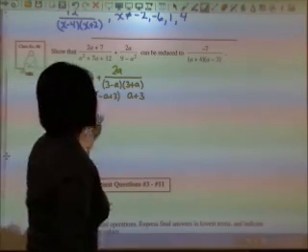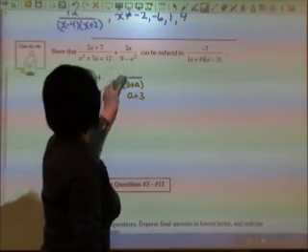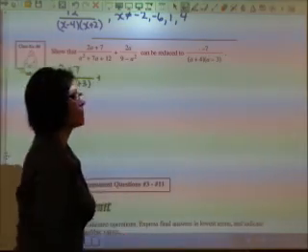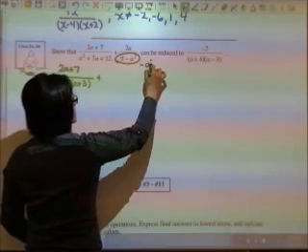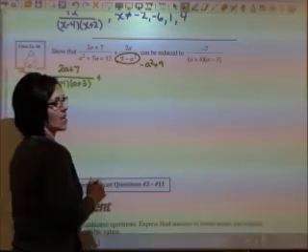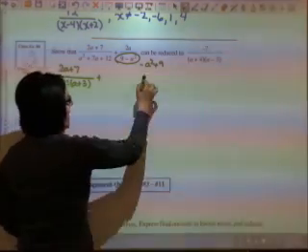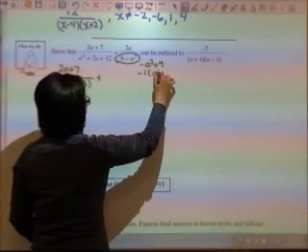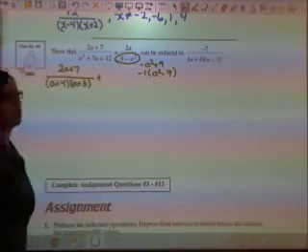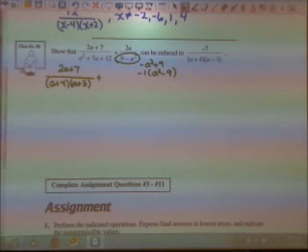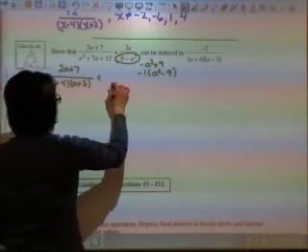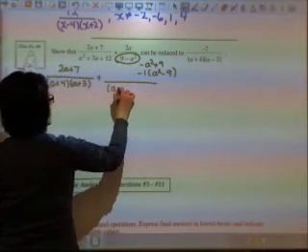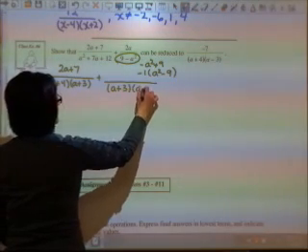So I'm going to show you something that you could do right up at the top. If I had rewritten this as a negative a squared plus 9, and then taken the negative 1 out, I would have had a negative 1 times a squared plus 9, which when I went to factor would now give me my a plus 3 and a minus 3.